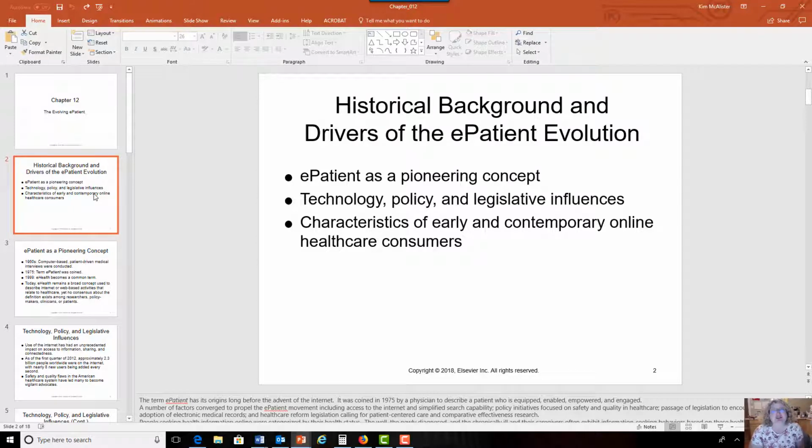Also, health insurance sites. Most health insurance sites now have portals for patients who are members of their organization. And patients can get on there and view claims and find out what the status is on certain claims, but they can do more than that.